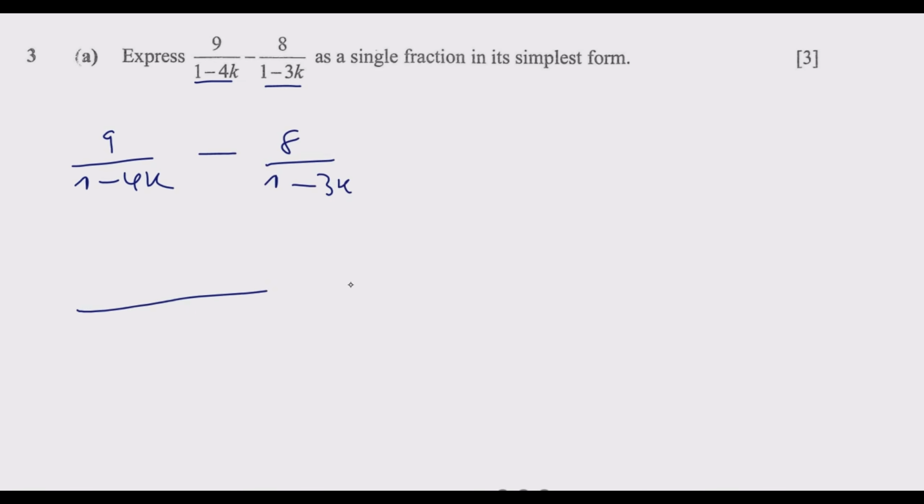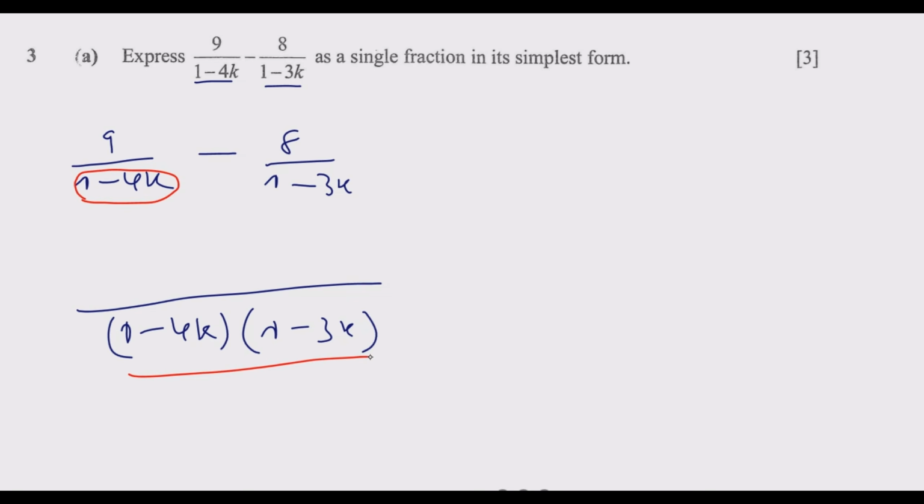The common denominator is 1 minus 4k, then 1 minus 3k. What you notice is that if I divide this denominator into the common denominator, I'm going to end up with the other part, because they cancel. It's a principle you need to know. Once you know that principle, everything becomes straightforward.